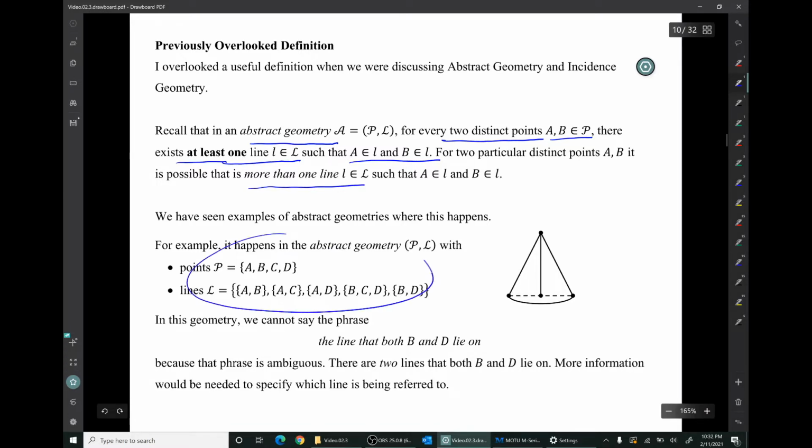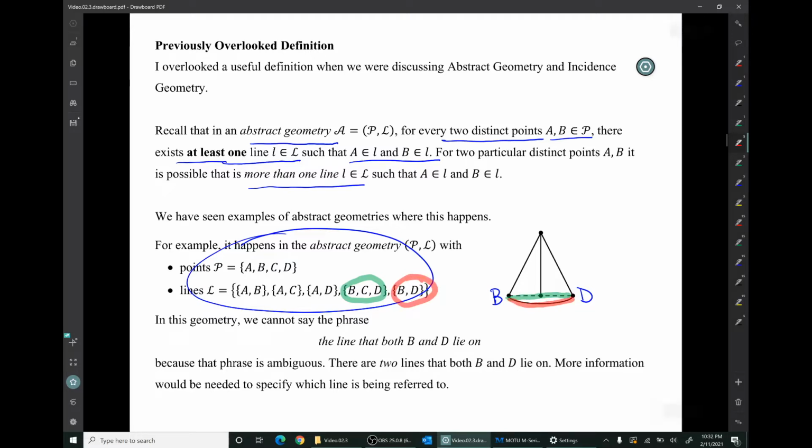In this abstract geometry, the 2 points B and D both lie on this green line, that is this set, and they also both lie on this red line corresponding to that set.